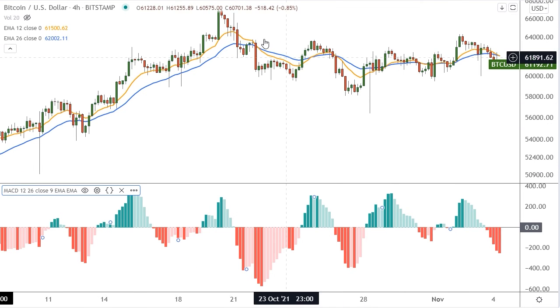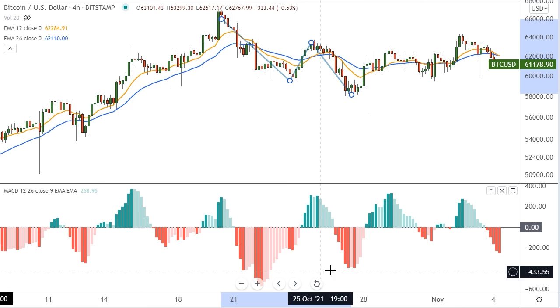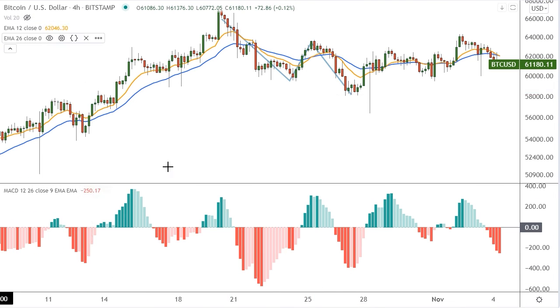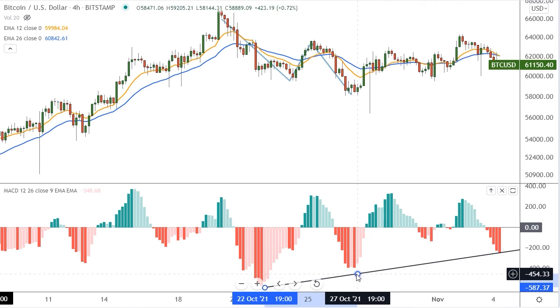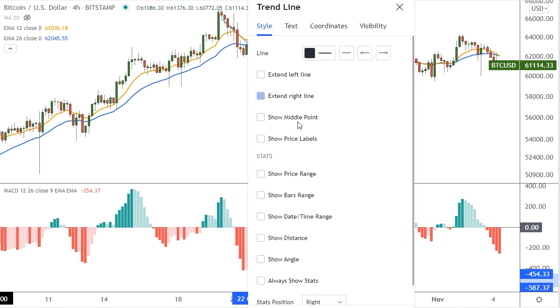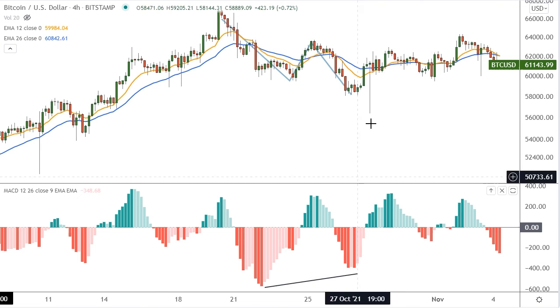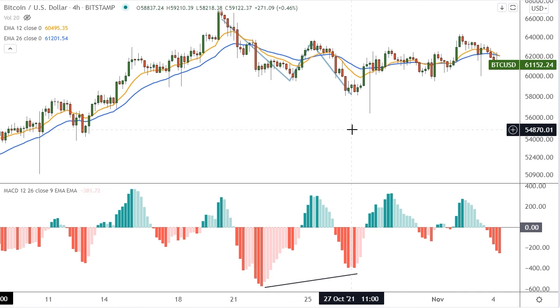If we focus in on the price action right here, notice that as price has come down, we've experienced a lower low right here, but yet we have a higher low on the histogram. So a lower low on price, a higher low on the histogram, that is bullish divergence. That tells us that a bull rally is about to take place.